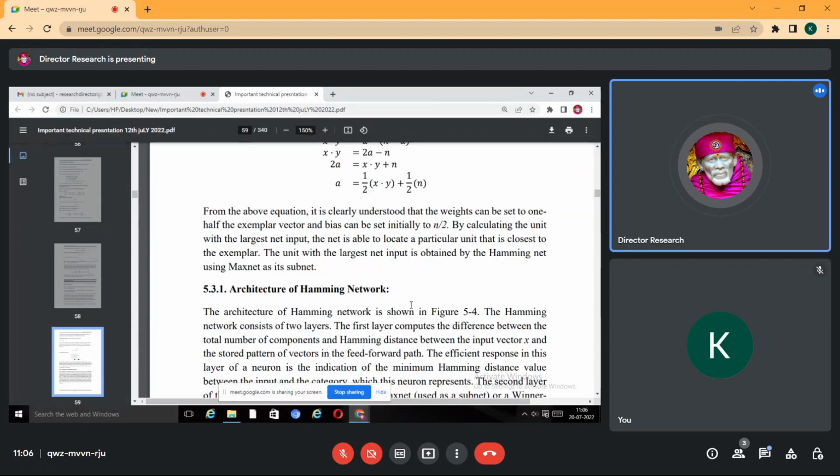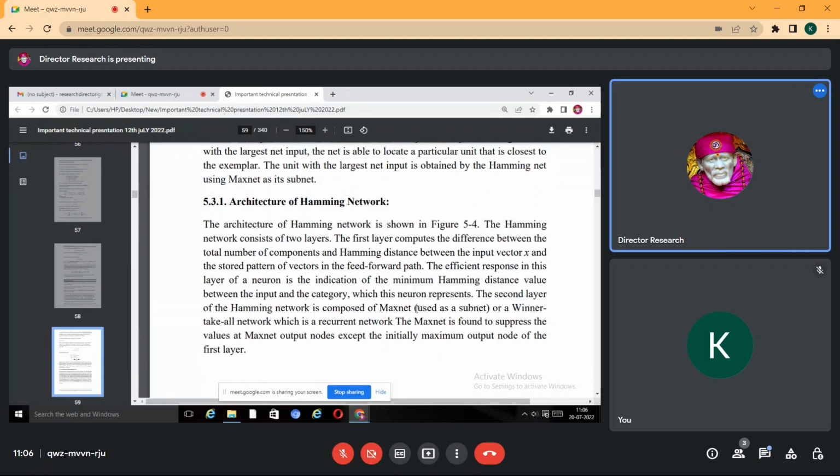The architecture of the Hamming network is shown in the figure. The Hamming network consists of two layers. The first layer computes the distance between the input vector x and the stored pattern vectors, in a feed forward path. The efficient response in this layer of neurons is the indication of minimum Hamming distance value between the input and the category which this neuron represents.